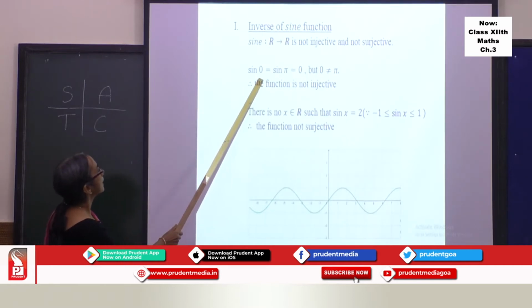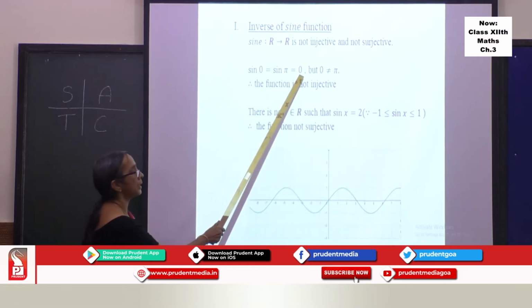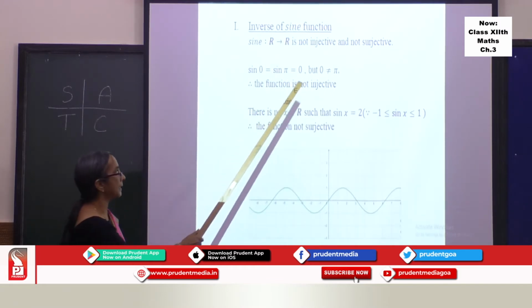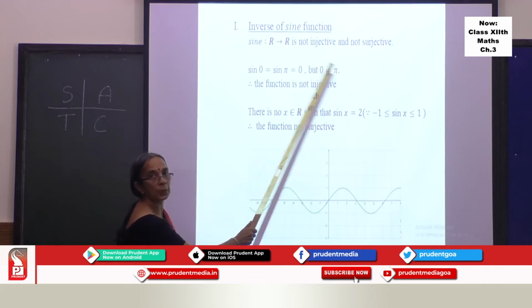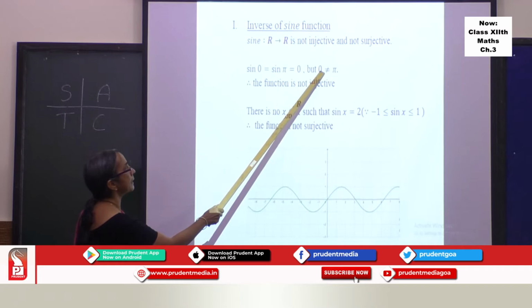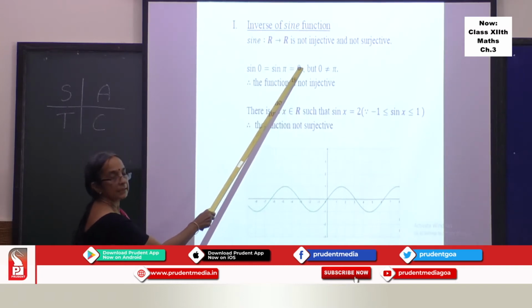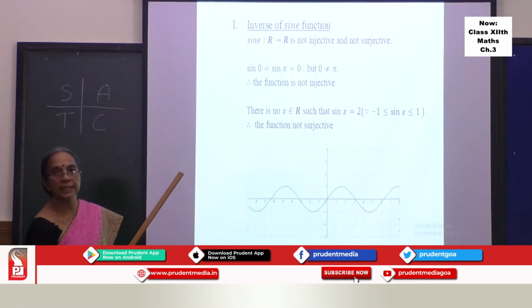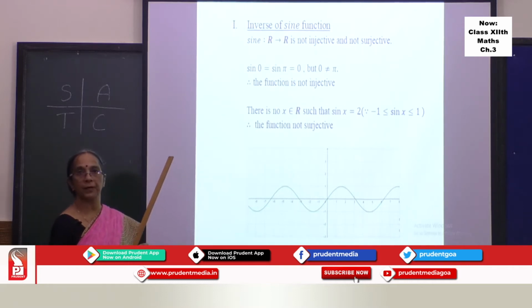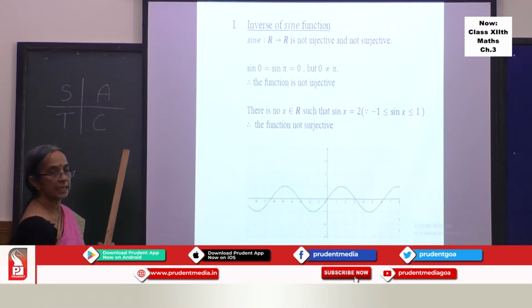Here sine 0 is equal to sine pi, and you know the value is 0, but 0 is not equal to pi. That means two distinct elements 0 and pi have the same image. Therefore, the function is not 1-1, it is not an injective function.